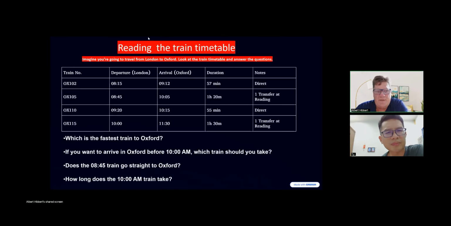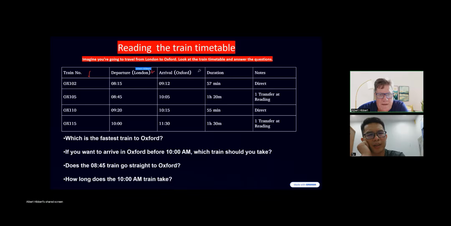Right. Let's read the train timetable. Here you will see the train numbers. Here you see the departure time. It departs from London. Then it arrives at the next city, Oxford.